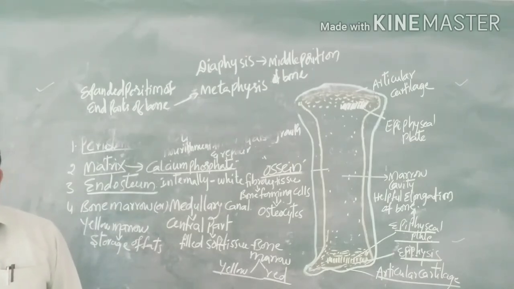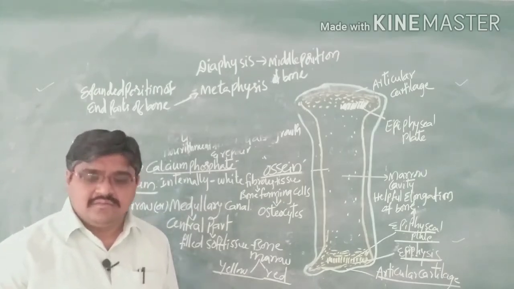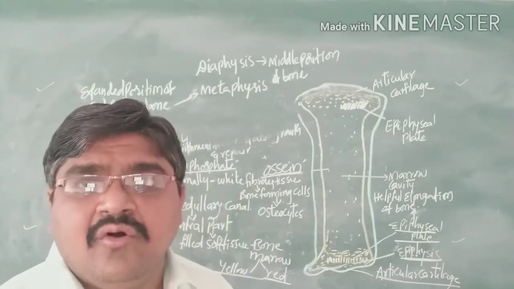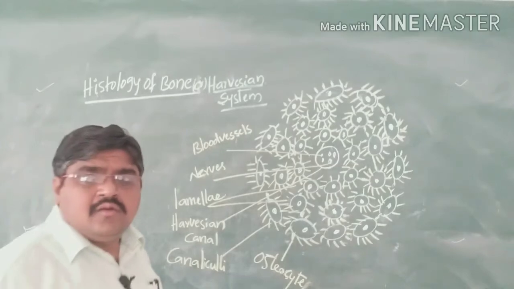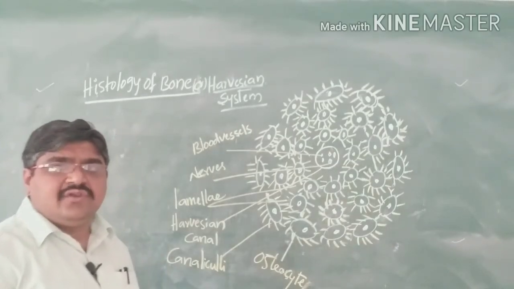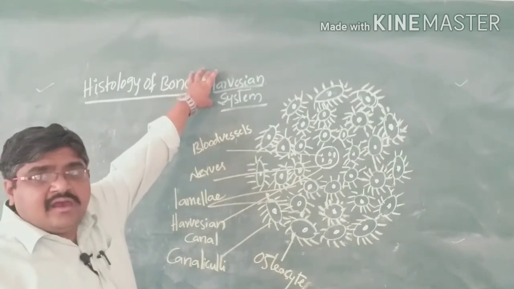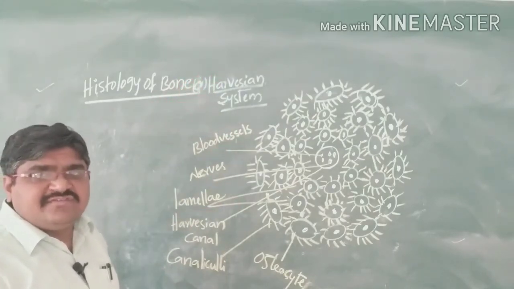Now we will go for the histology of the bone, or we can call it the Haversian system.